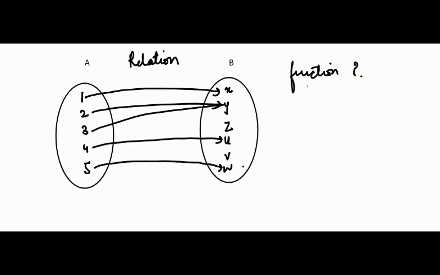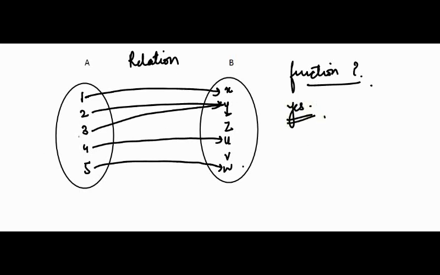For a function, every element of a set should have an image. Now 1 has its image as X, 2 has its image as Y, 3 also has its image as Y, but 3 has an image. Also 4 and 5 do have an image. So yes, this is a function.